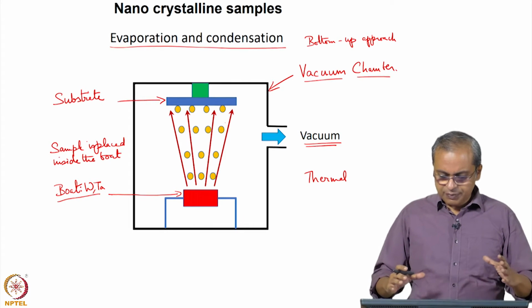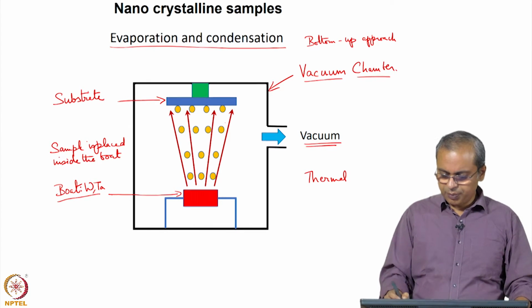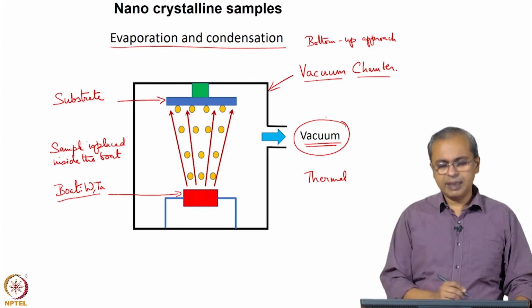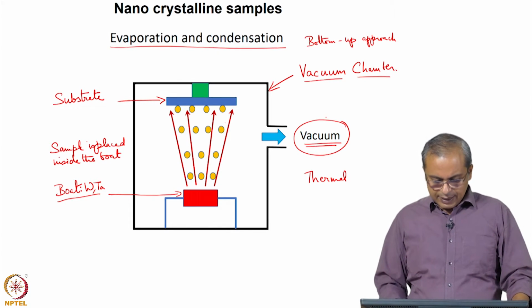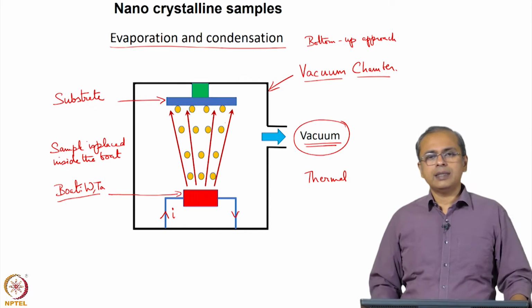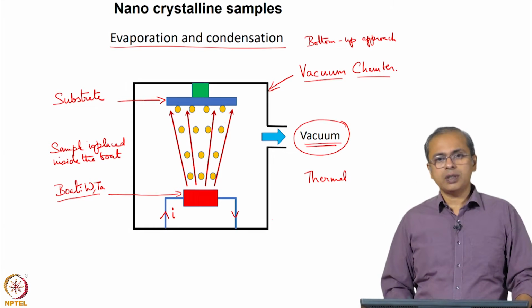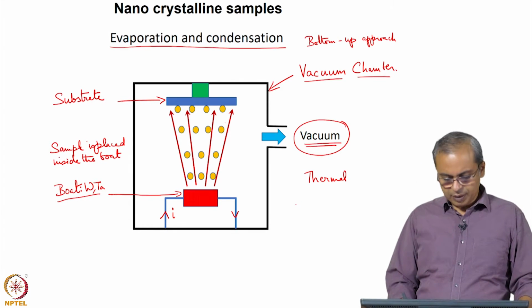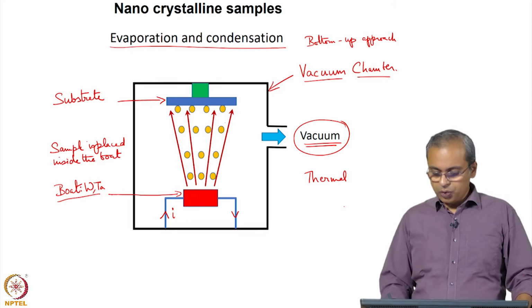So, what we do is we draw vacuum here. The chamber gets evacuated, and then you can send current which goes through this boat. This boat is a high resistance boat, tungsten and tantalum have high resistance. So, you have high heating.